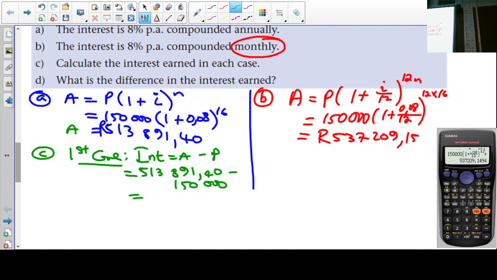So what is that answer? It would be nice if somebody calculated. 363,891.40. Not so? And the second case?